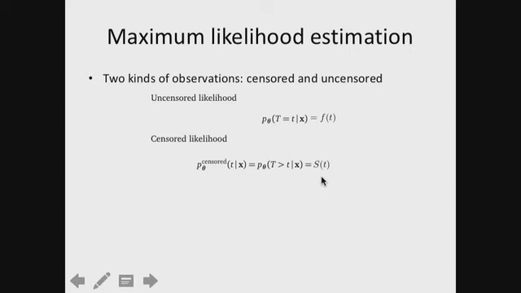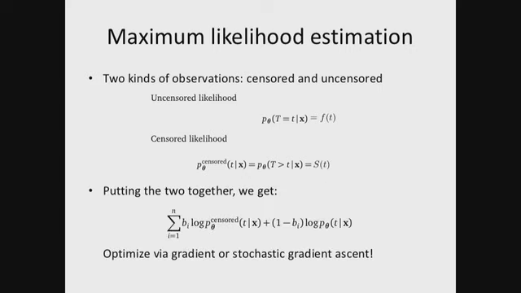So now we can then combine these two for censored and uncensored data, and what we get is the following likelihood objective. I'm showing you here the log likelihood objective. Recall from last week that little b_i simply denotes, is this observation censored or not? So if b_i is 1, it means the time that you're given is the time of the censoring event.